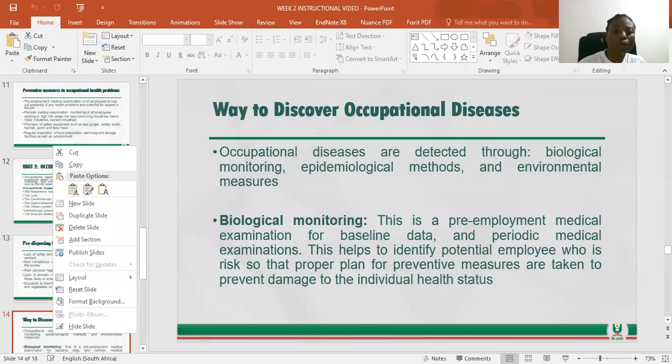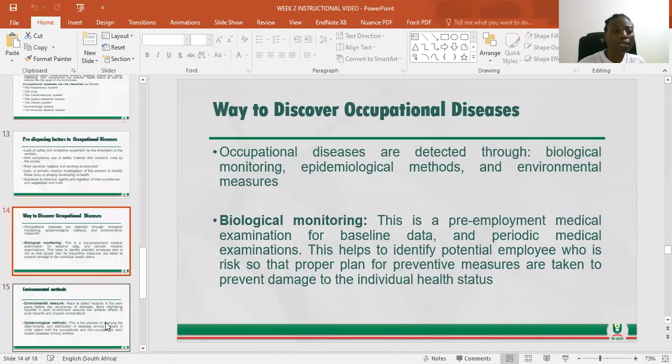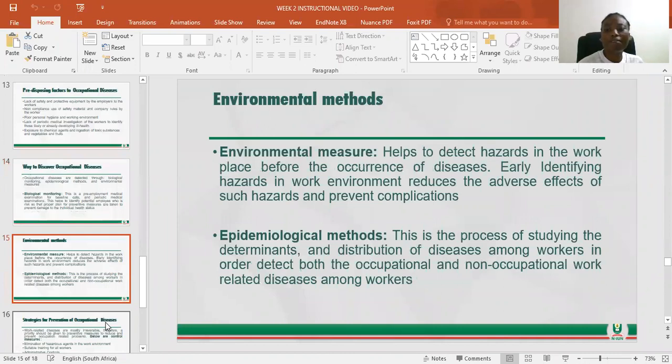So we are gradually getting to the end of the class. When we now say environmental methods, what do you understand by environmental methods? Environmental ways of discovering occupational disease. I just explained the biological method.